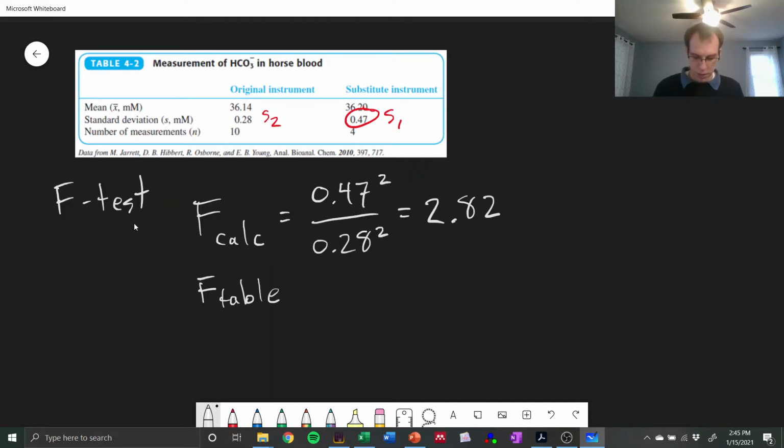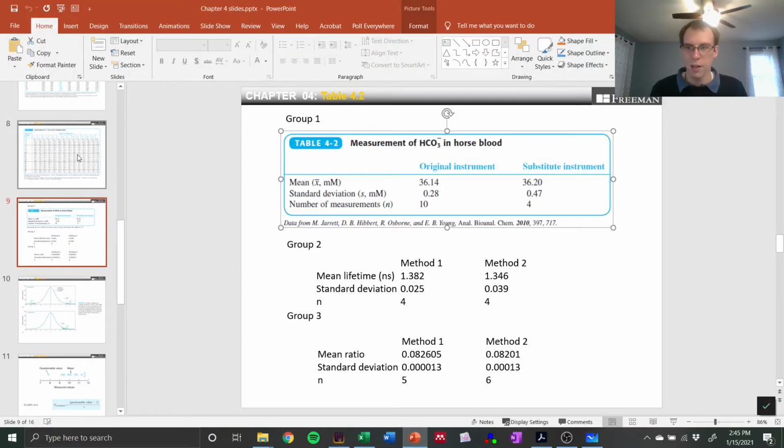Okay, now we need to find F-table. To find F-table, we're going to need to keep track of the number of measurements, because we didn't look at the table yet for this, but we need to know the values for the degrees of freedom. So we have 9 degrees of freedom for S2 and 3 degrees of freedom for S1. We'll need those to look up the proper F-table value. Okay, so let's go back to here.